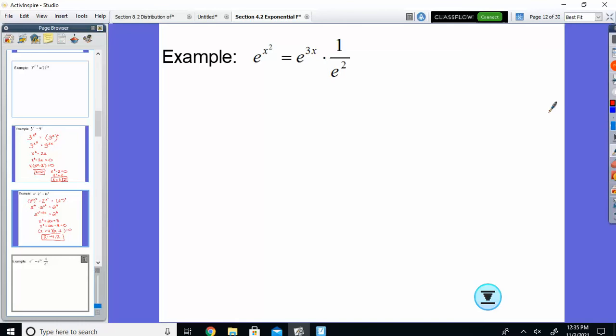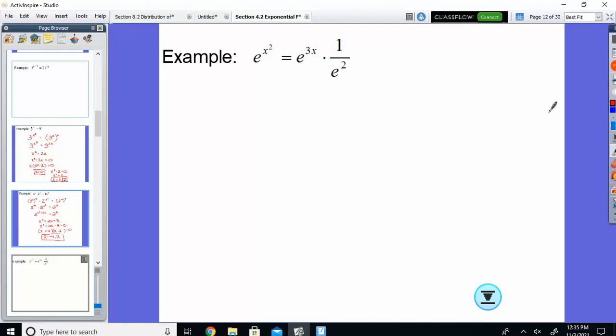Does that E change anything? E is just a number. So it's the same idea. What would I do with that 1 over E squared? Yeah, if you just wanted to flip it and bring it up to the top, the exponent would be negative.